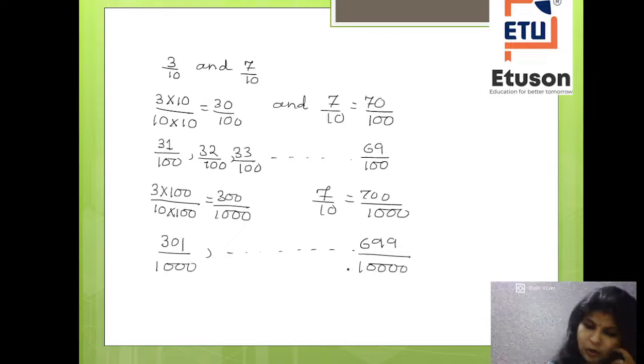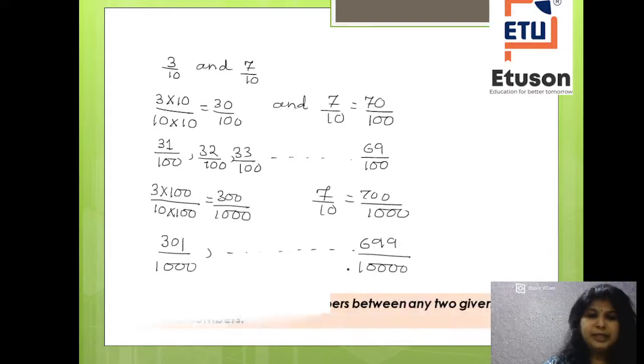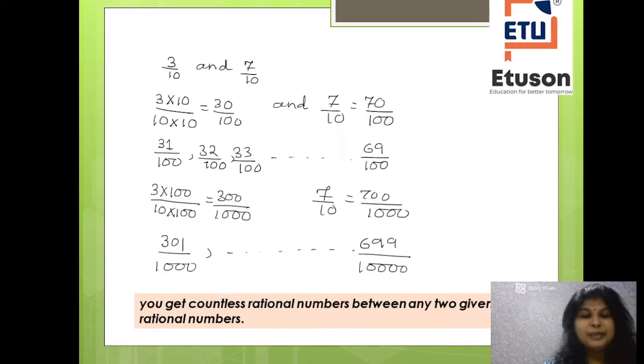So from all this, what you can conclude is, in case of rational numbers, there is no definite number of rational numbers you can find out. So in case of rational numbers, you get countless rational numbers between any two given rational numbers.